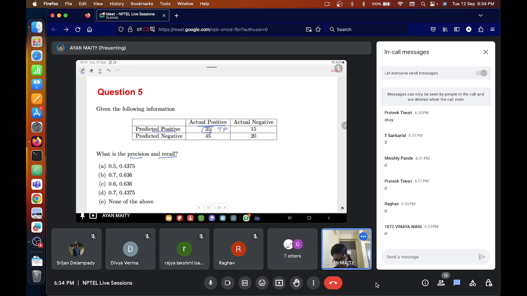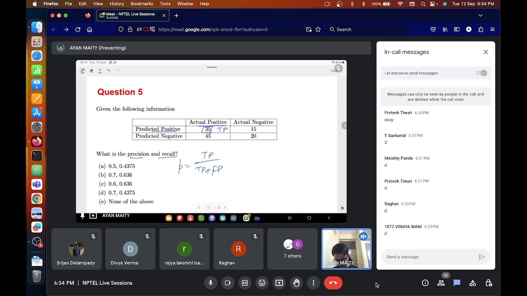And then you have to find out the value of true negative. Sorry, not true negative, precision is TP divided by TP plus FP, so false positive. So you have to find out the value of false positive for precision.